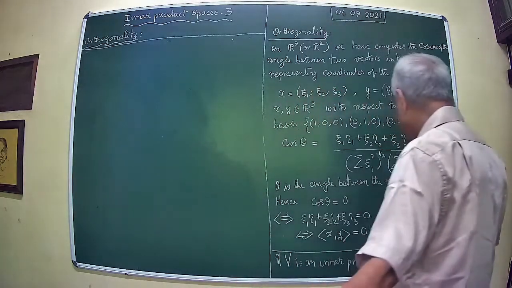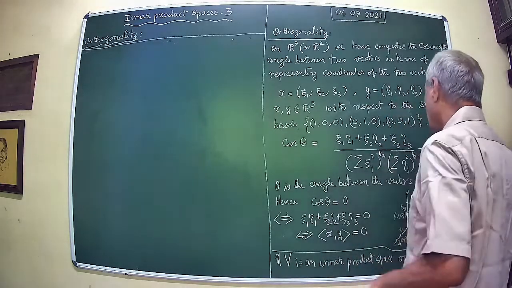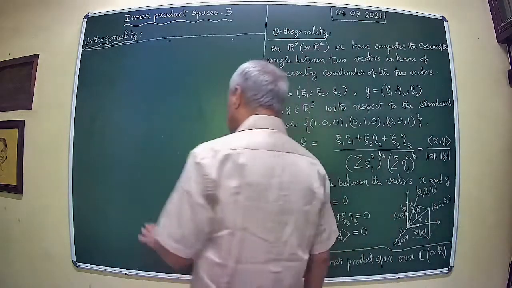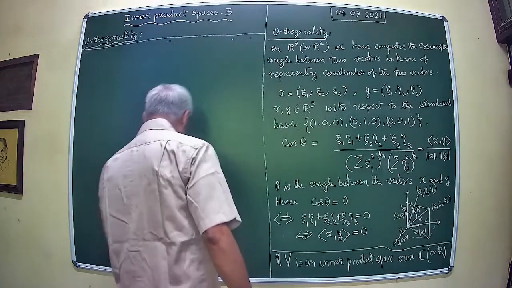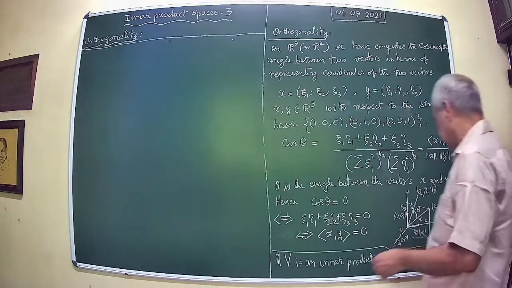So we have the concept of orthogonality in R2 and R3, the usual concept of orthogonality on R2 and R3. We are trying to discover that.